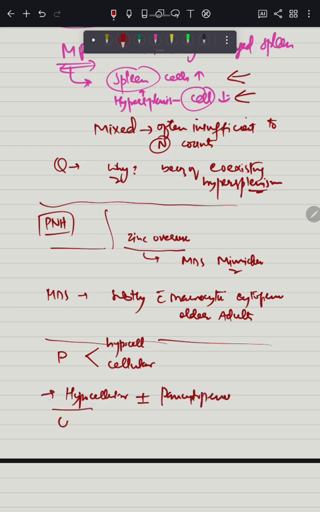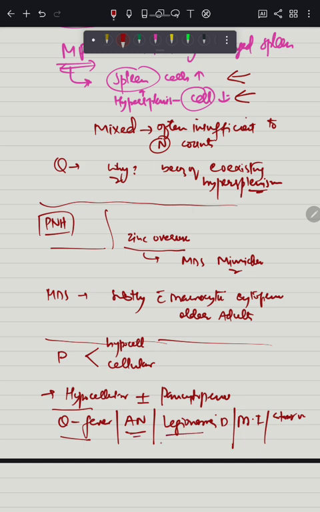One is Q fever, another is anorexia nervosa, third is Legionnaires' disease, fourth is mycobacterium infection, and another is starvation. So Q fever, anorexia nervosa, Legionnaires' disease, mycobacterium infection, and starvation. These are the causes.